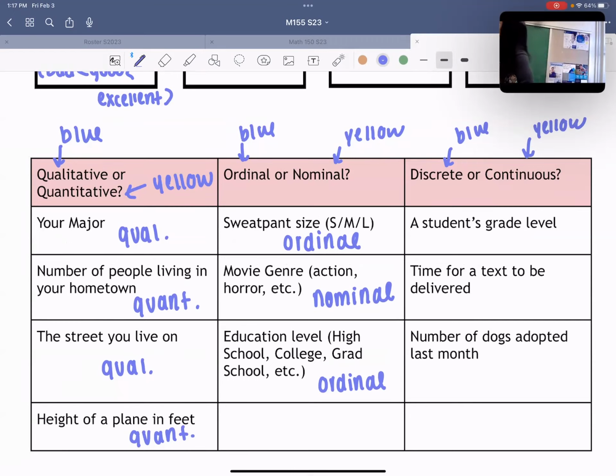Anyone with a blue, so discrete, who wants to explain that one? That's true. That's kind of what I was thinking. Anyone with yellow want to explain? I saw some yellow cards, and I think you have a point.